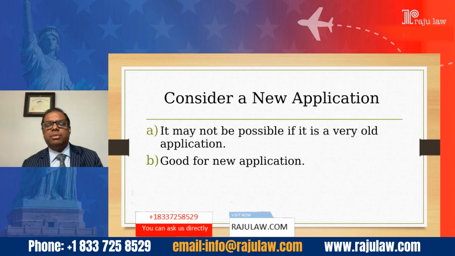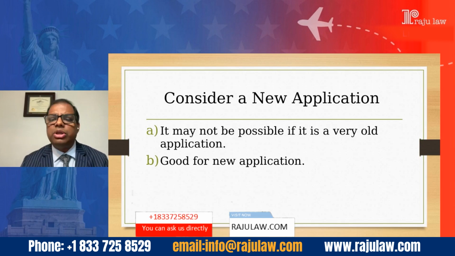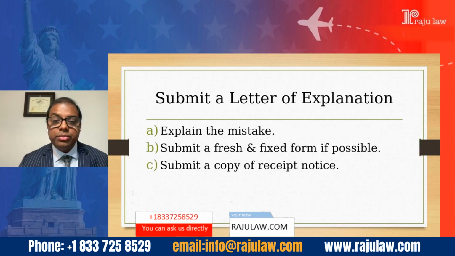And there are many other problems. So bottom line is, if it's a previously submitted application from a long time ago, you may not be able to submit a new application. In that case, you have to follow the other options that I'm explaining here. But if it's an application you just submitted a few days or a few weeks ago, submitting a new application is a very good tool.